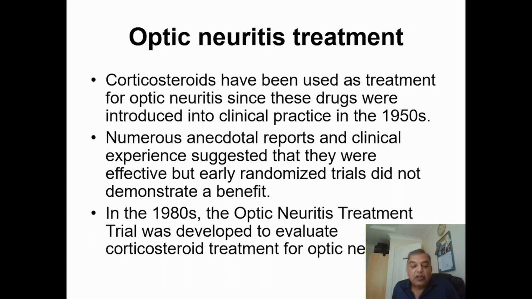Treatment: corticosteroids have been the mainstay. If the patient comes within the first 2 weeks, we give a pulse of therapy with methylprednisolone, usually 1 gram for 3 days with stomach and bone protection, or we can give oral steroids, but we don't usually follow up with oral steroids. One pulse of either oral or injectable methylprednisolone is given.